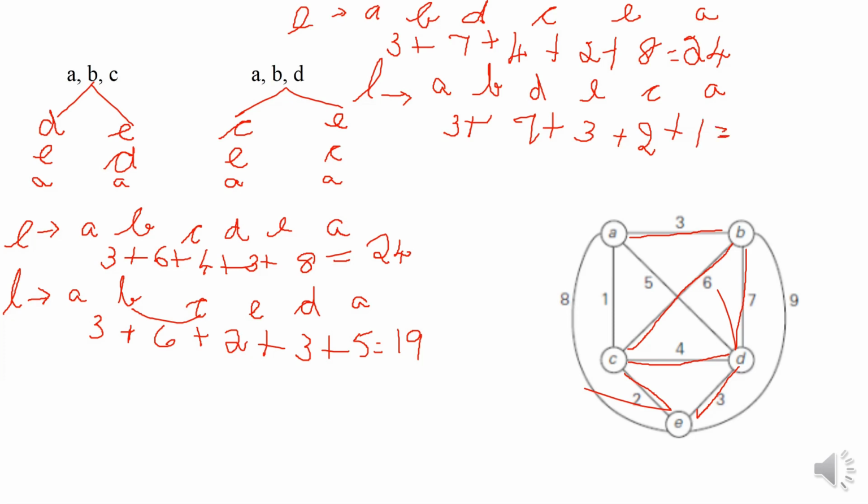So 3 plus 7 is 10 and 3 is 13, 15, plus 1 is 16.